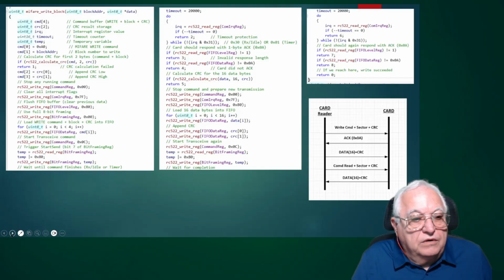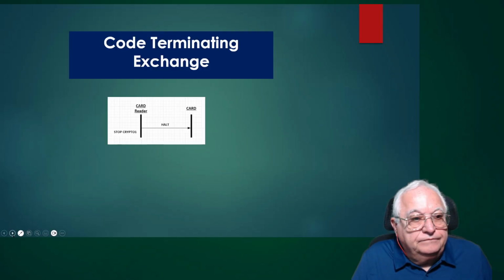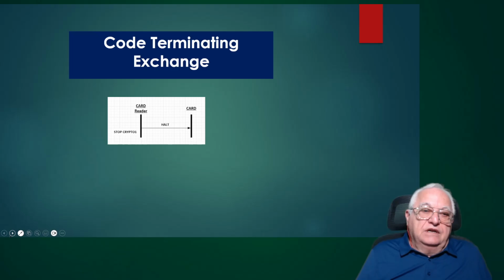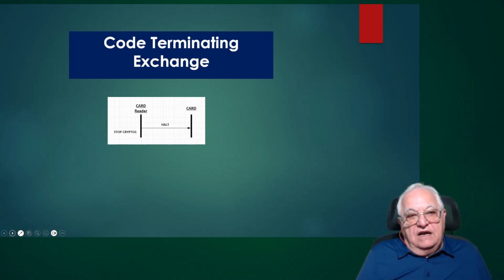Okay, so we're back, and now we're going to show the code for terminating the exchange. The idea here, as I mentioned before, is that we do one transaction with that card, and we're not going to do anything else with that card until the card is removed and another card is placed, or the same card comes back.